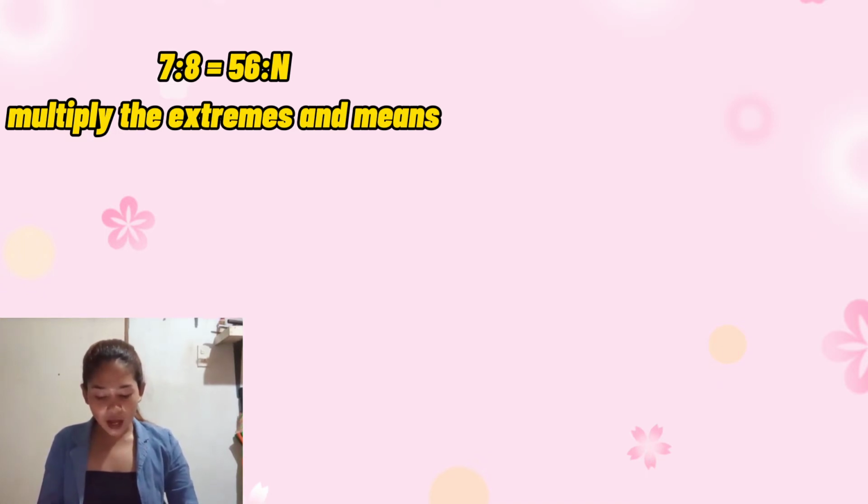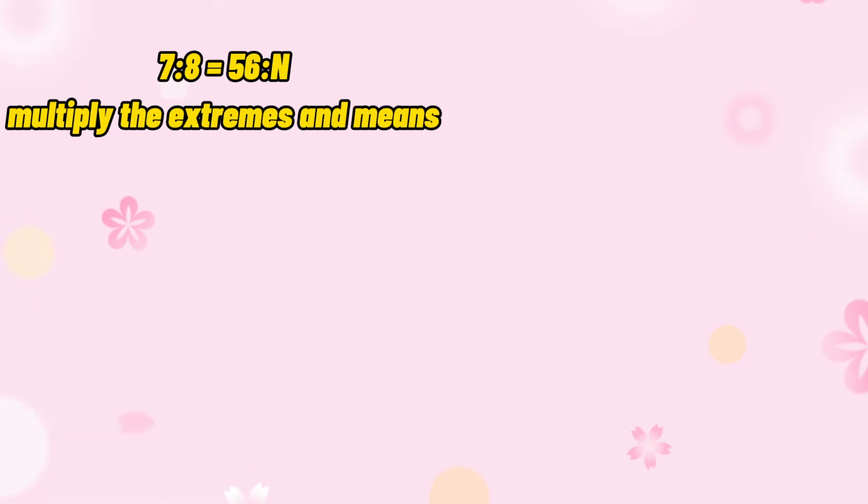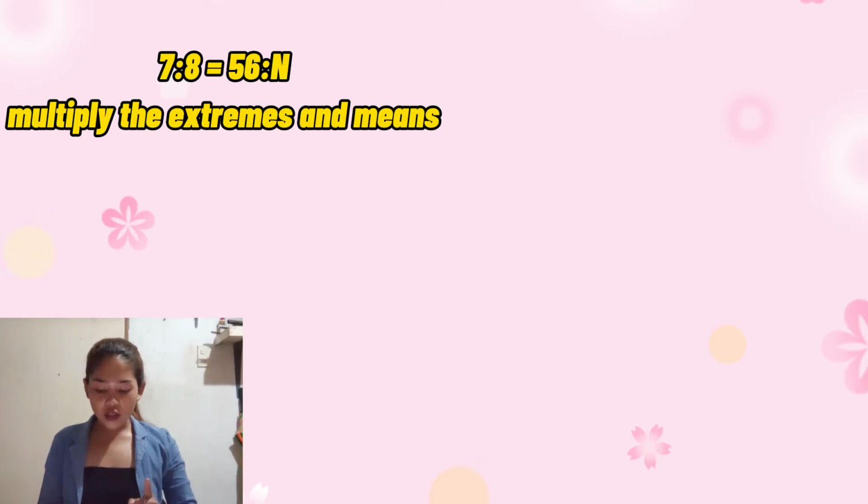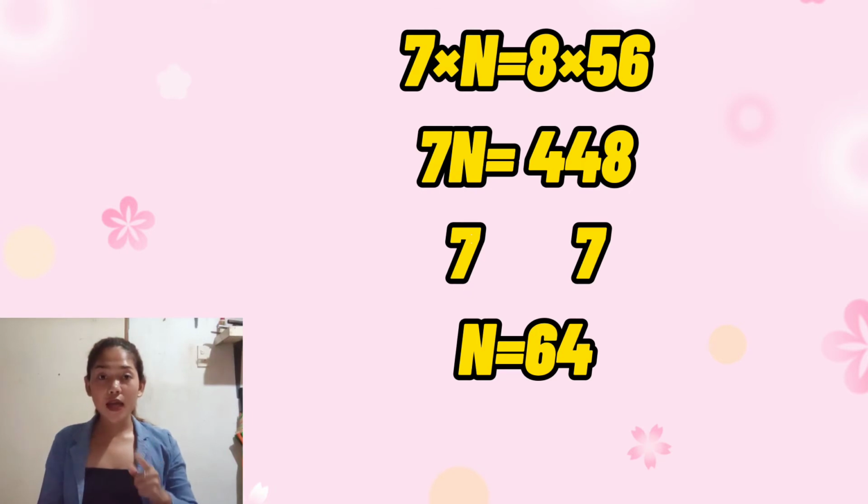We must multiply the extremes and means. So 7 times n is equal to 8 times 56.